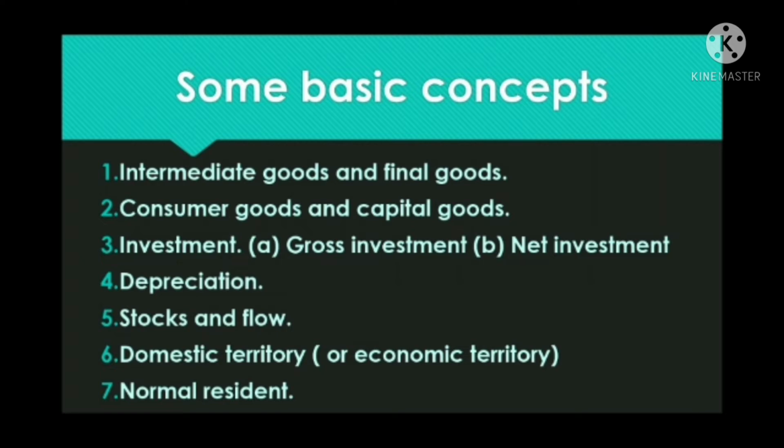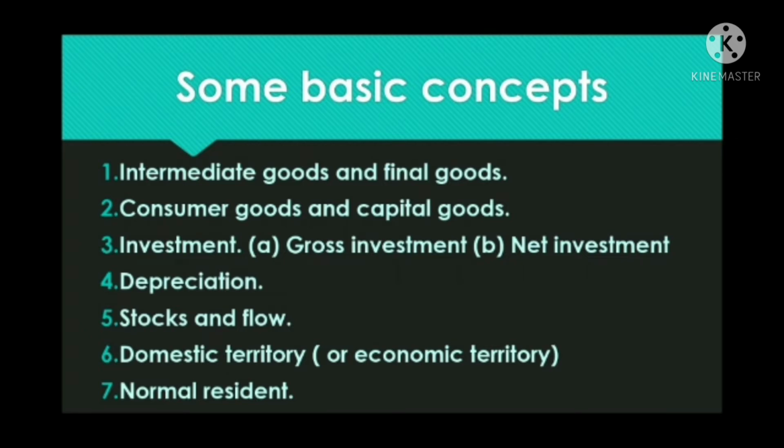Point number 6, domestic territory. Domestic territory is a very important concept in national income accounting. In layman's language, domestic territory means the political frontier of a country. Point number 7, normal resident.